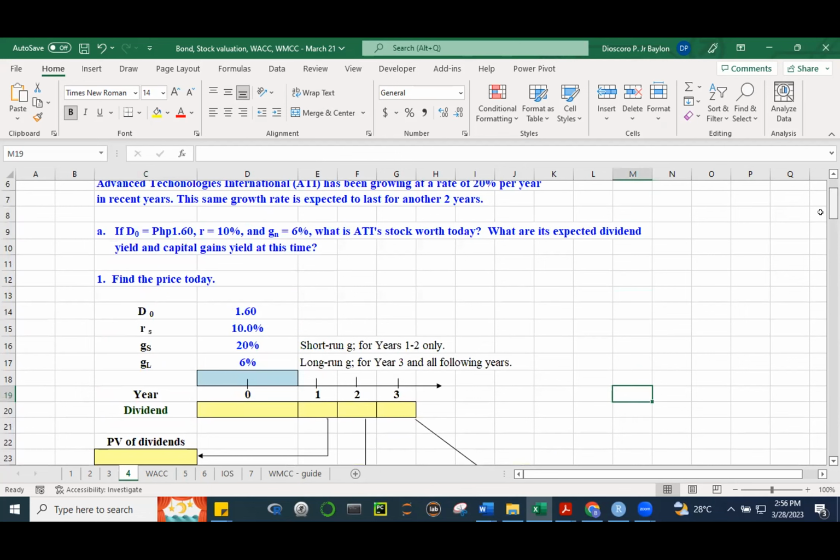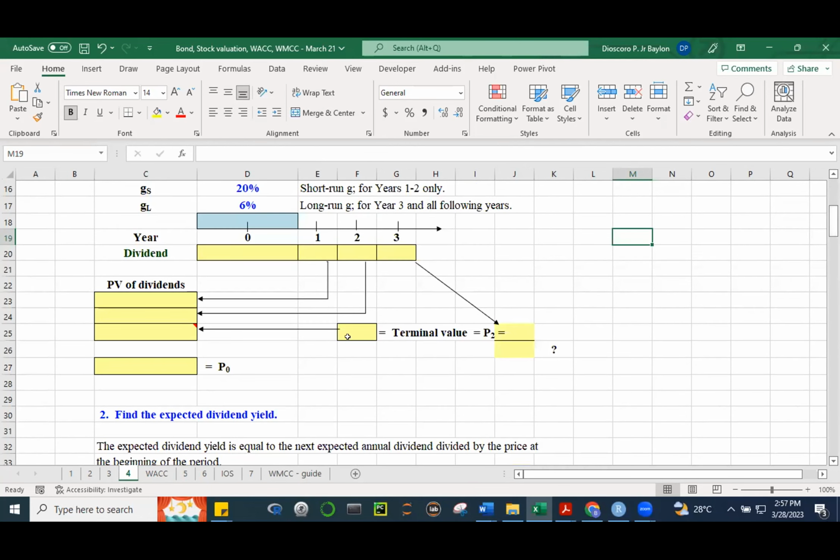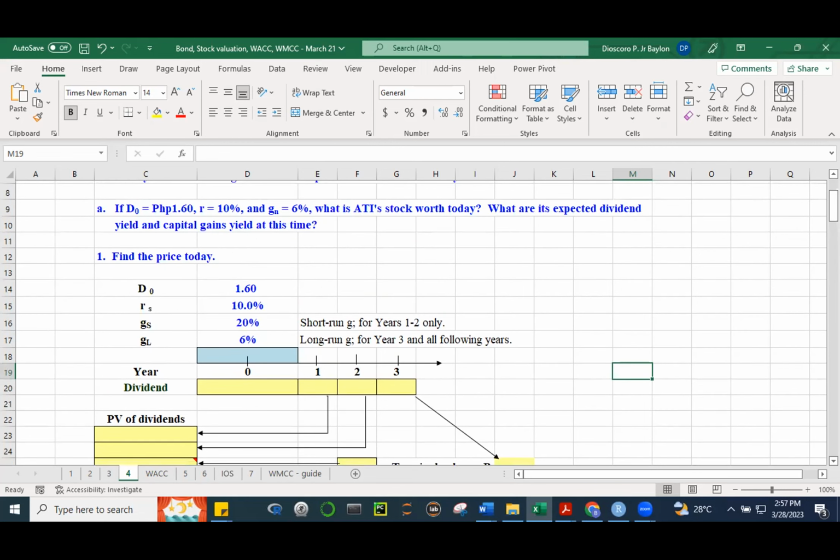Okay, what I want now is for us to determine the price now. The estimated price, the stock valuation, P sub O. What is the estimated price of this stock given the condition that the current dividend is 1.6?